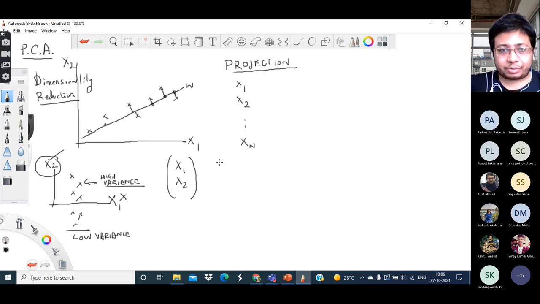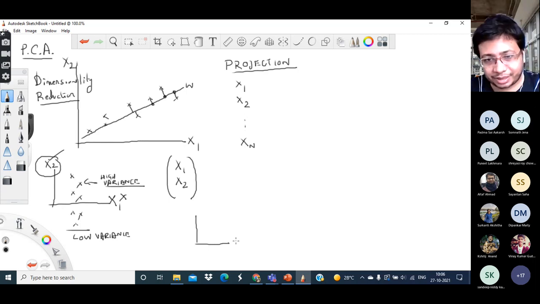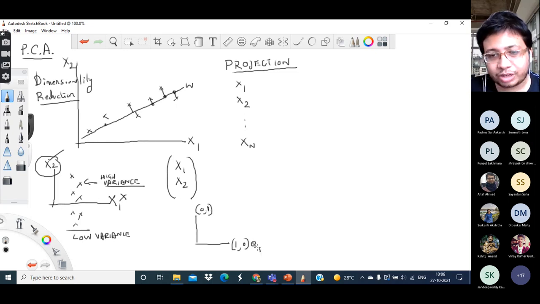Change of basis is something we are all familiar with. In the two-dimensional space, these two define a basis, the standard basis. These are called the 1 0 vector and the 0 1 vector, or in other words the standard unit vector e1 and the standard unit vector e2.